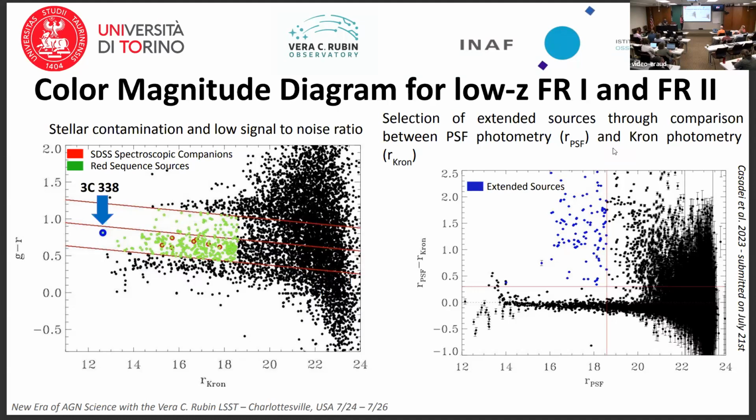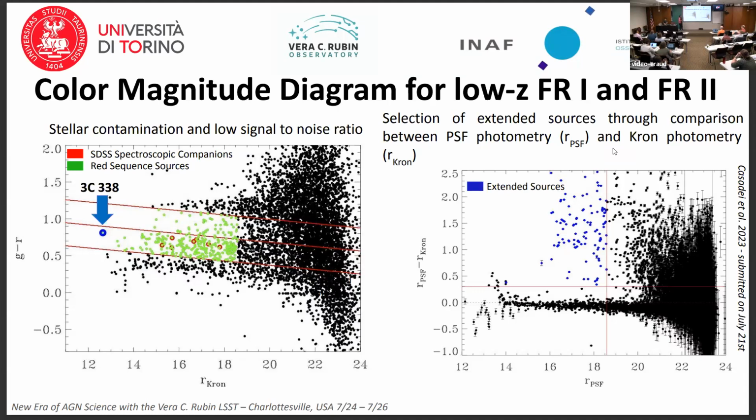To reduce errors, I used another method, like I previously said, and this is done by selecting just the extended sources in the diagram. I did this with a comparison of the PSF magnitude and the Kron estimation. I think it is intuitive: if you have a galaxy, the estimation of the magnitude with a PSF is not really accurate because you're losing much of the light coming from the large scale region of the galaxy.